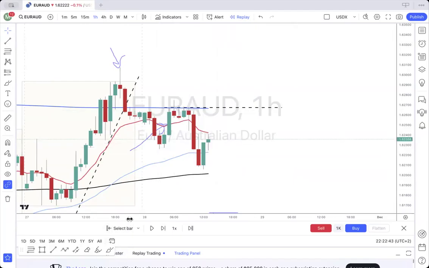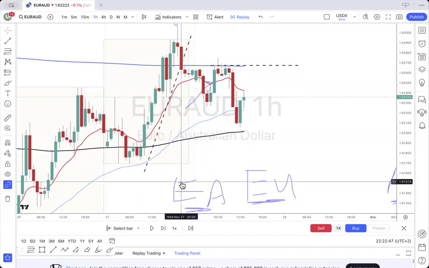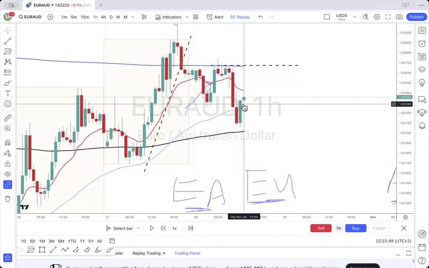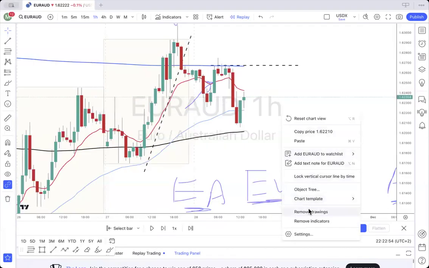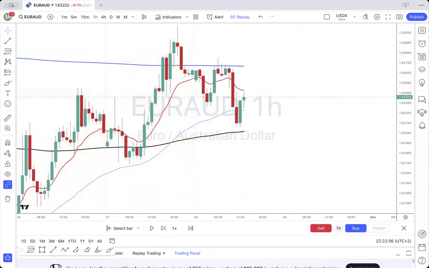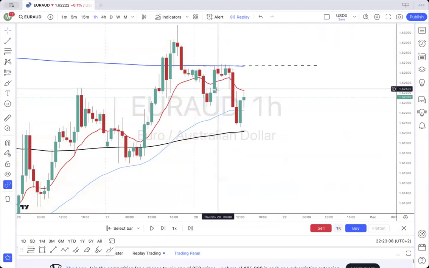These green candles coming here, it's an indication we are testing the neckline. All right. So we are testing the neckline, somewhere there. We are testing that neckline.